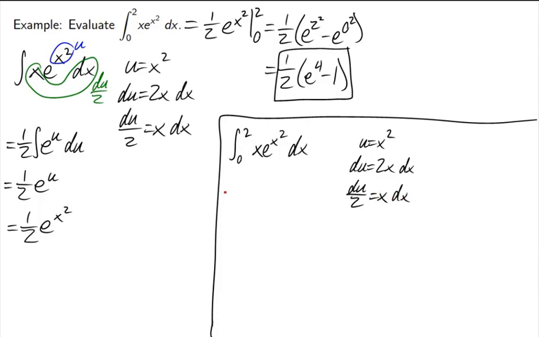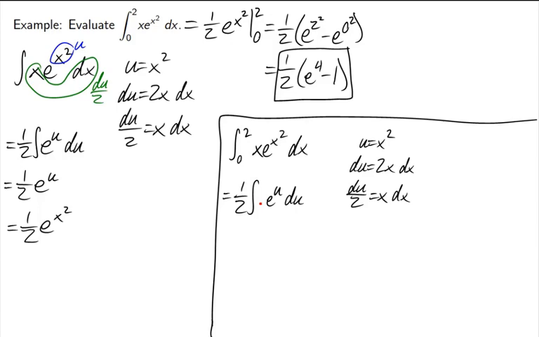And then I'm going to make my substitution and still get 1/2 integral of e to the u du. But what about the numbers? It would be incorrect to write 0 and 2 right here, because these values, the 0 and the 2, were values of x. Whereas if you were to write 0 and 2 here, that would actually imply that they were values of u, but they're not.